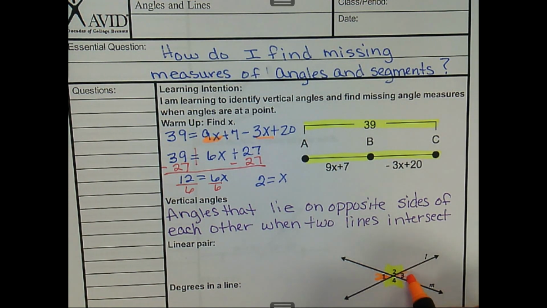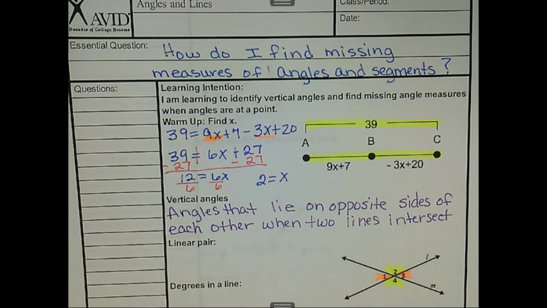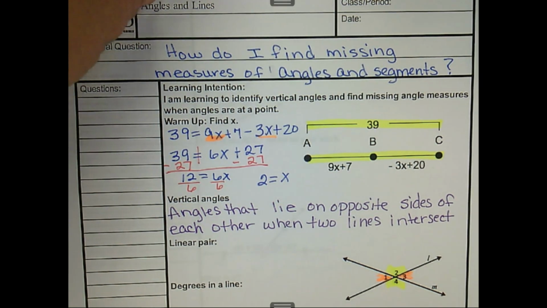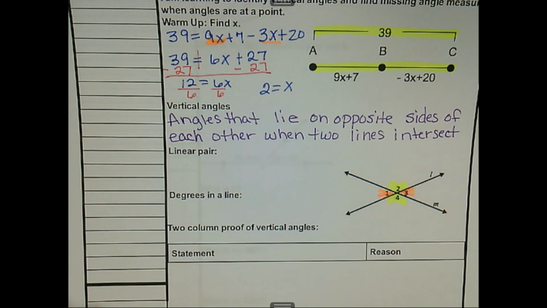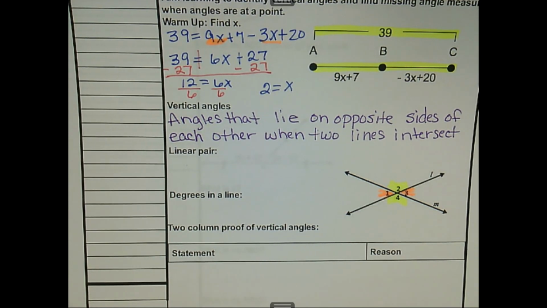And just looking at them, what can we say by looking at it? It looks like they are what? If you said congruent, you would be stating a truth. So, what is a linear pair?